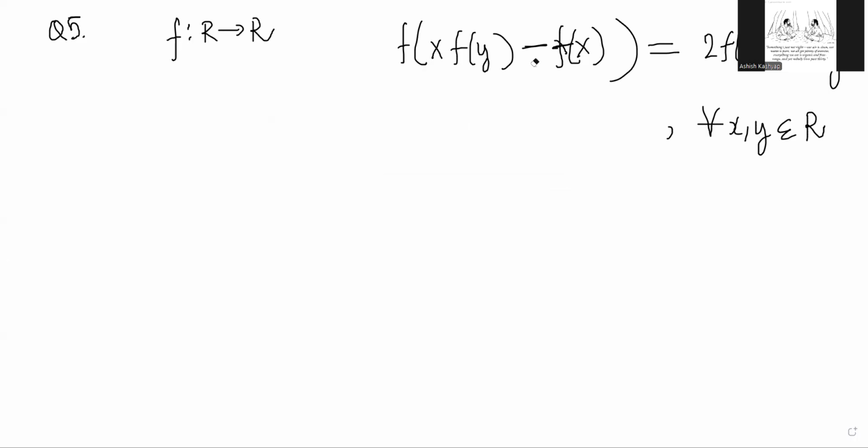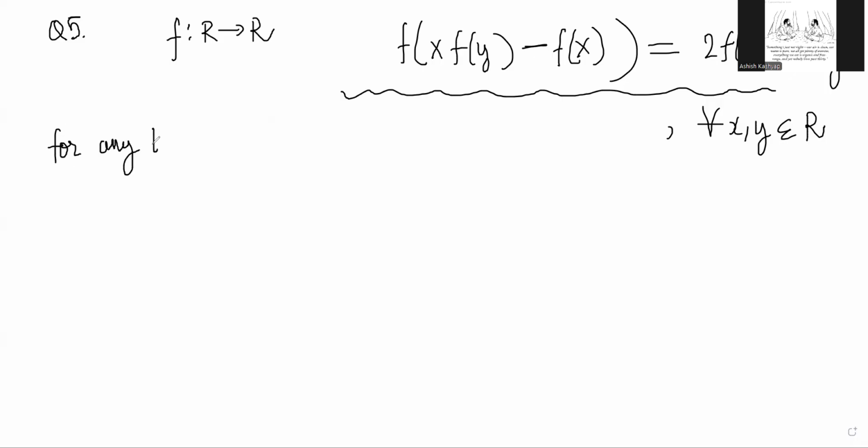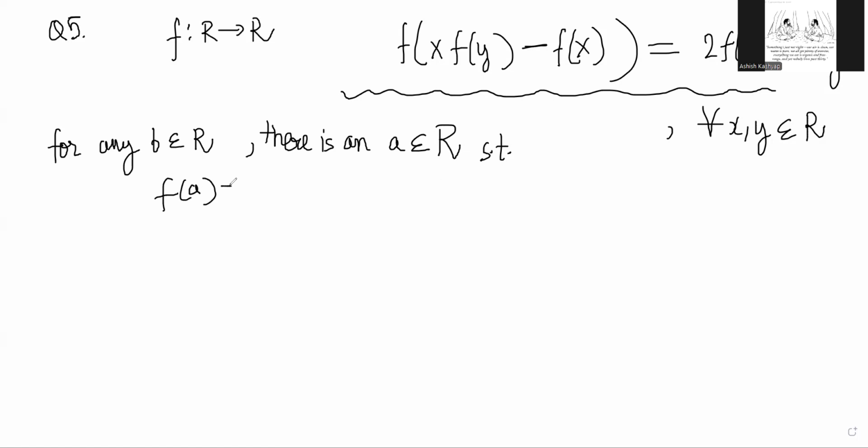We have to prove that this function is surjective. Any function satisfying this relation is going to be surjective, right? So basically what we have to prove is that for any b belonging to real, there is an a belonging to real such that f of a is equal to b, right?